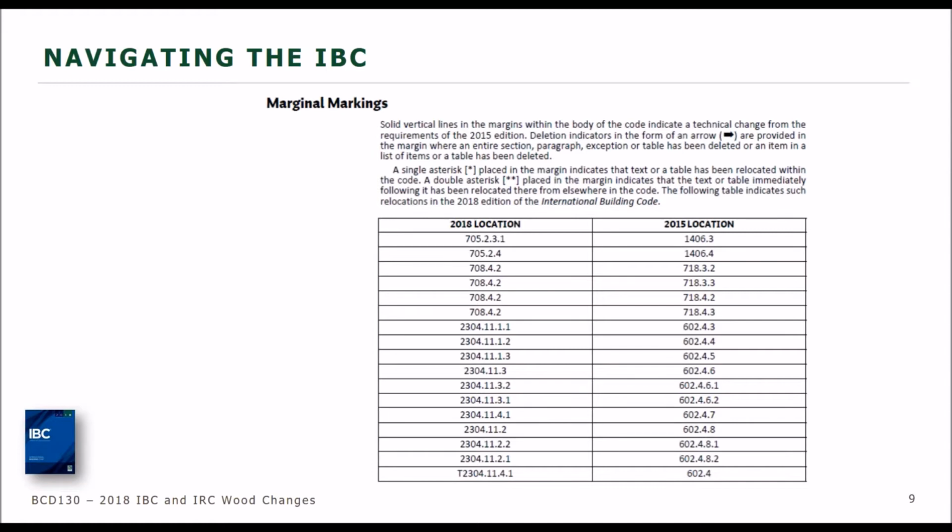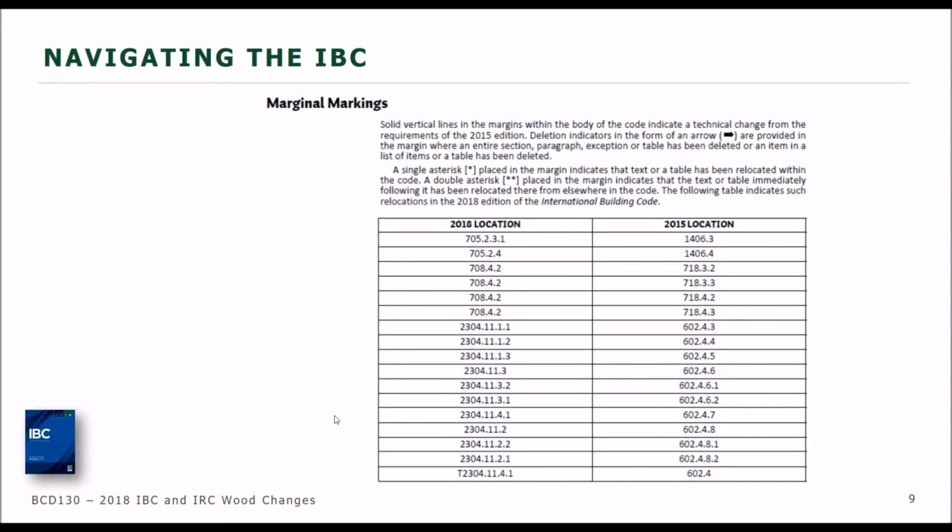It's not there anymore. So in every edition of the building code, at the beginning of the building code, there are these helpful tables that tell you where something was previously located and where something is located now. And I bring this to the attention because the bulk of the changes that occurred in the location have to do with balconies, which is here in chapter 7 now, which used to be in chapter 14.